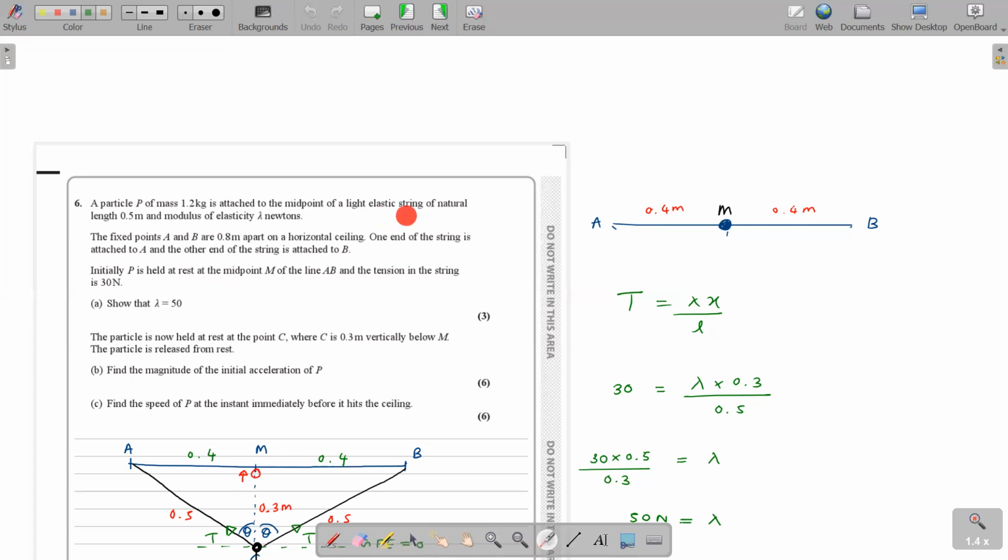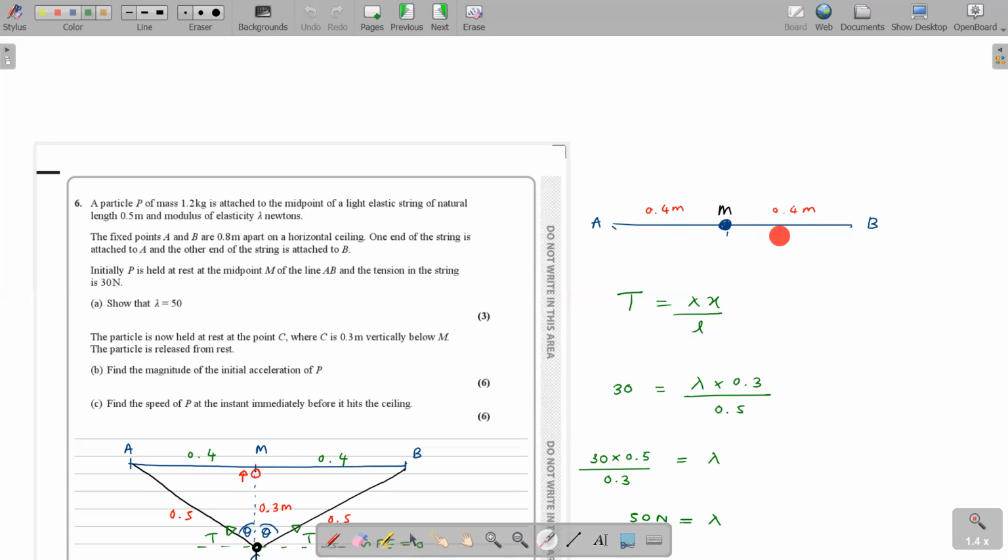Here the elastic string has natural length 0.5, but the full length is 0.8, which means the extension is 0.3. Then you divide by the natural length, which is 0.5, and that gives you the lambda value. This is just considering the string and nothing to do with the mass. You have a string with natural length 0.5 and you're stretching it to a length of 0.8, and the tension is given to you. So nothing to do with the mass here.